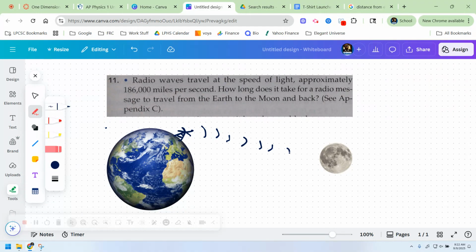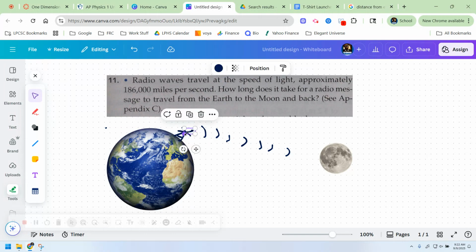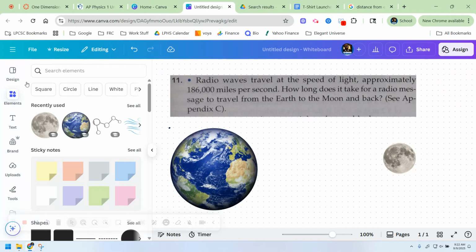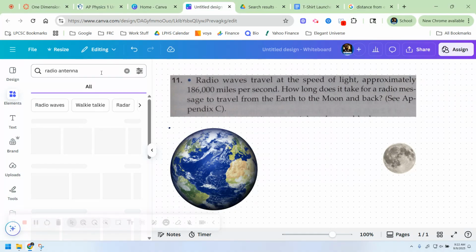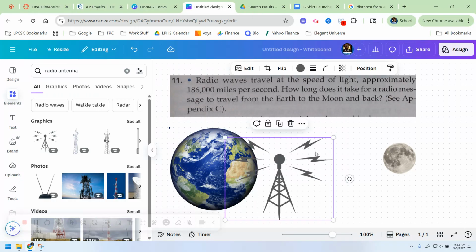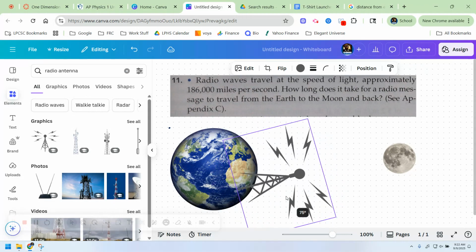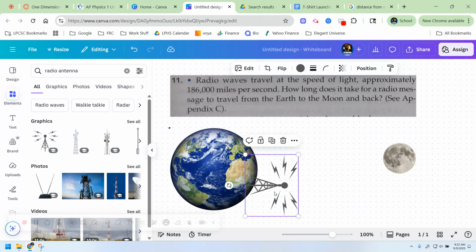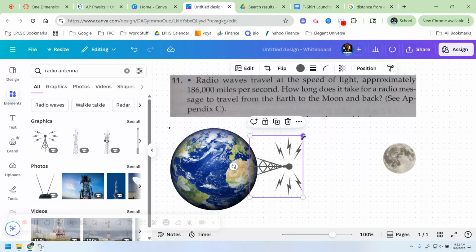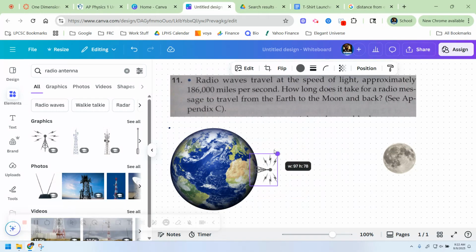Actually, I'll probably move this over here. That's still a pretty big radio antenna, by the way.